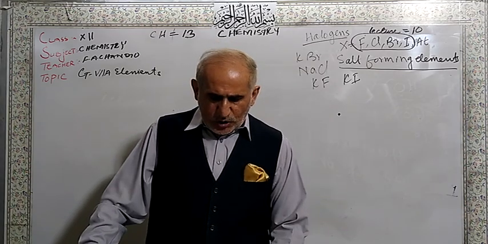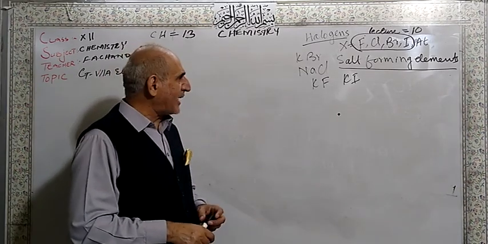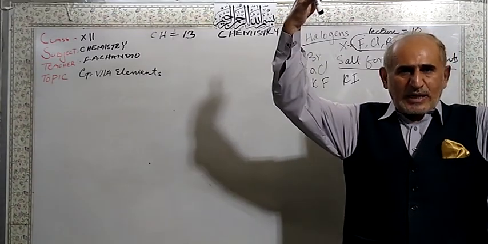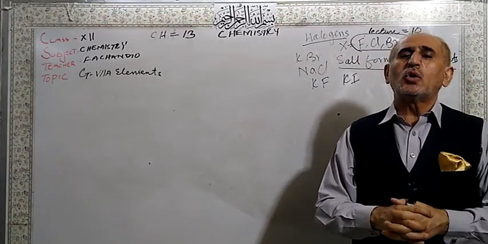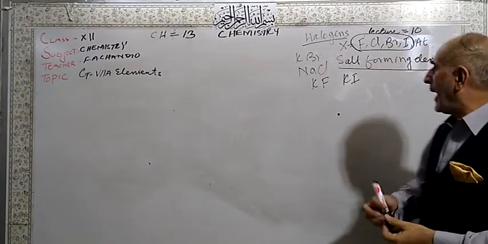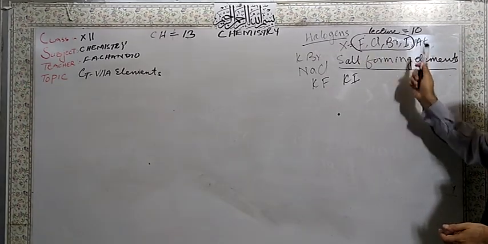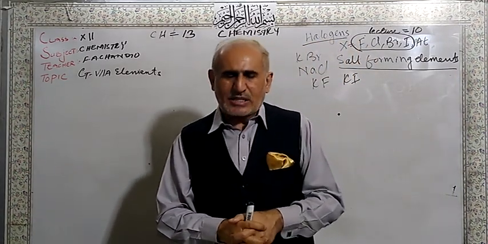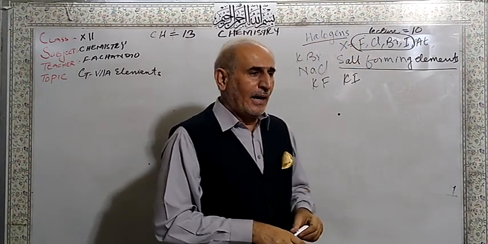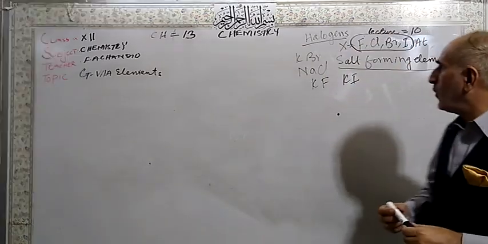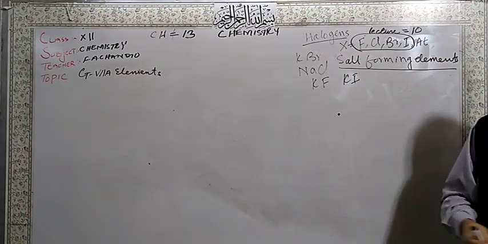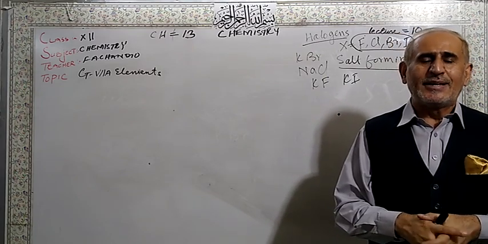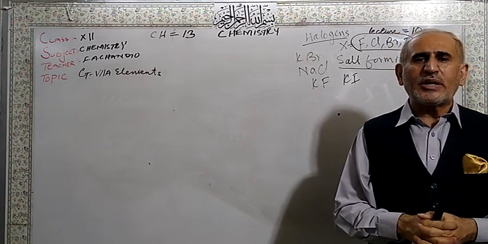Trends in the periodic table we already did in the previous sections. Atomic radius is going to increase as we go down the group. As you move from fluorine to iodine or astatine, atomic radius increases. As the atomic radius increases, electropositive character and metallic character increase.